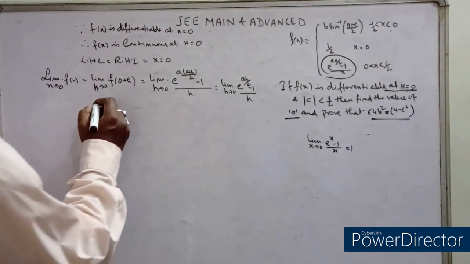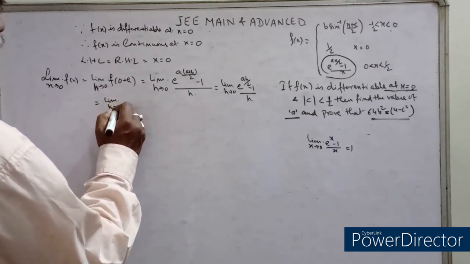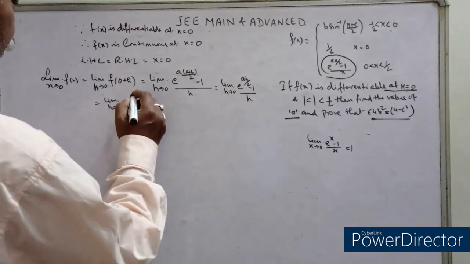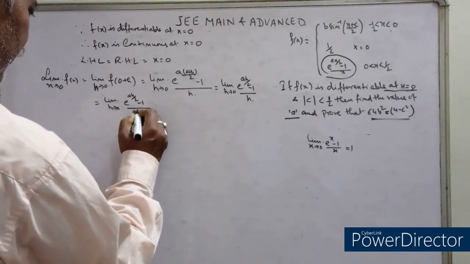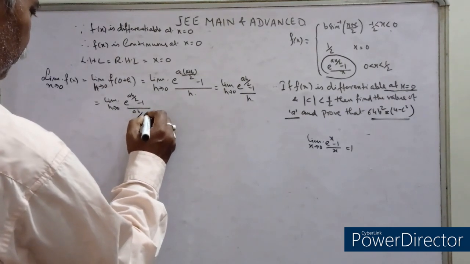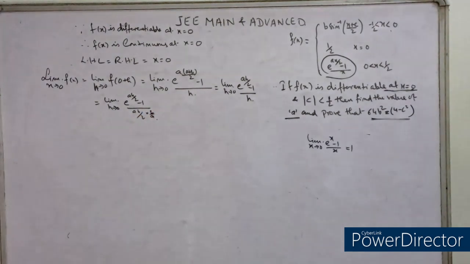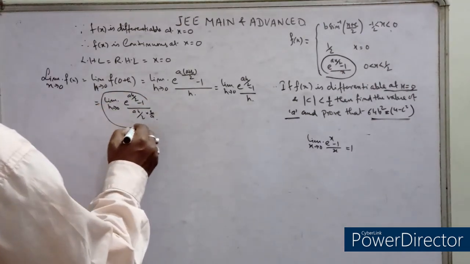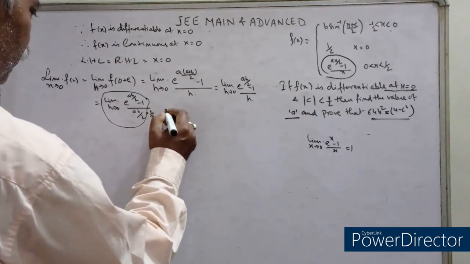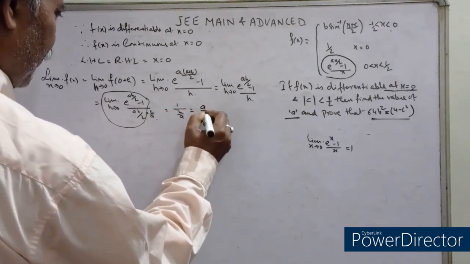So here this will be the limit as h tends to 0 of (e to the power of ah/2 minus 1) by (ah/2), into 2 by a. This part becomes 1, so this will be 1 into a by 2, so this will be a by 2.